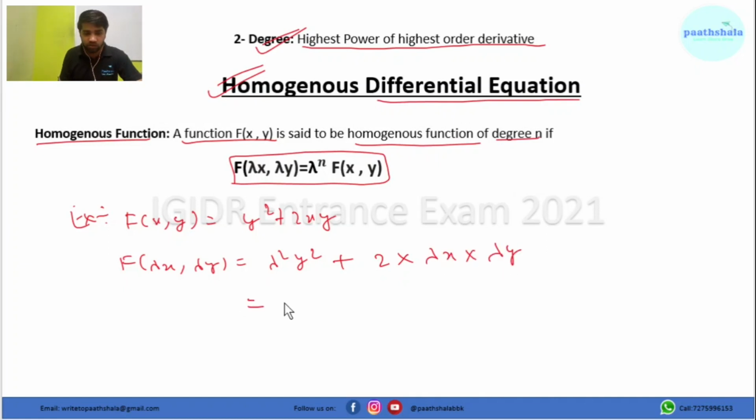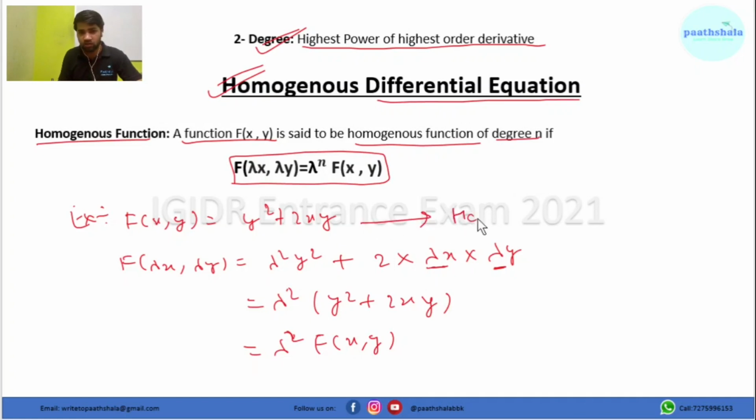Now we can take lambda square as common, so here it will be y square, and again 2xy. So this is lambda square times the original function. So this function is homogeneous. And here what does n represent? Here n represents the degree of homogeneity.